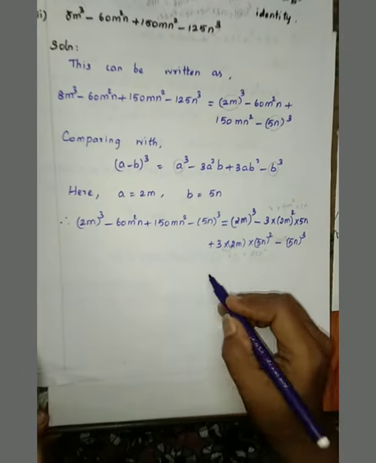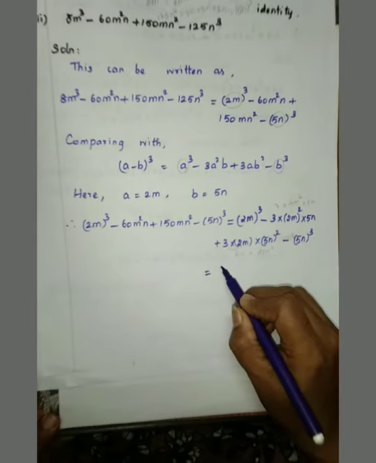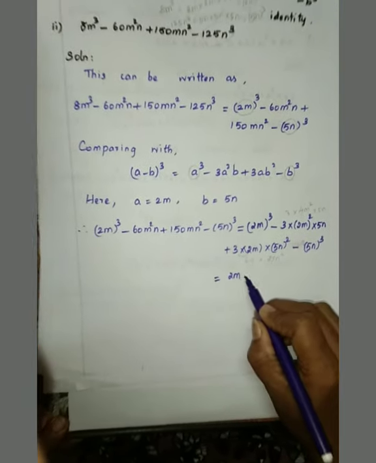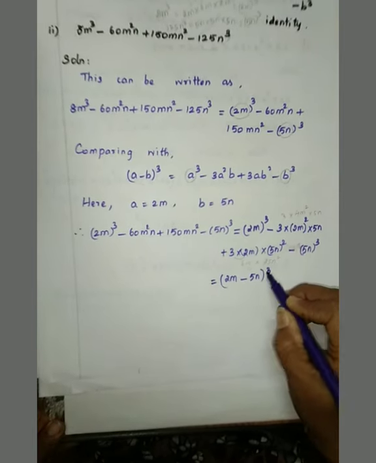So directly we can write a minus b the whole cube, where a is 2m and b is 5n, the whole power 3.